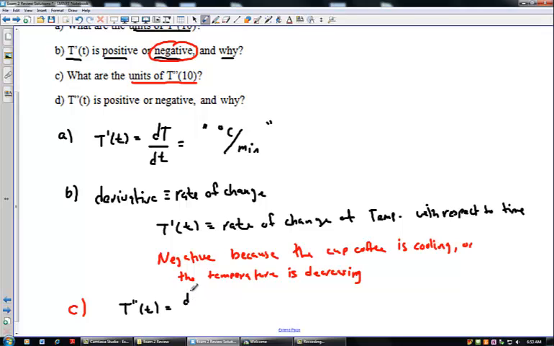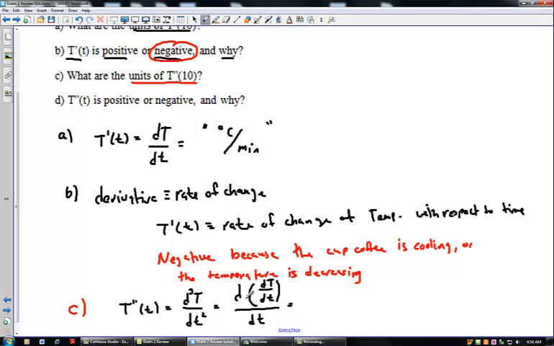So the D notation would be D squared capital T, dt squared. And the way you find this is you take the derivative of the temperature with respect to time, with respect to time. So that's a mouthful, right? The derivative of the temperature with respect to time with respect to time.